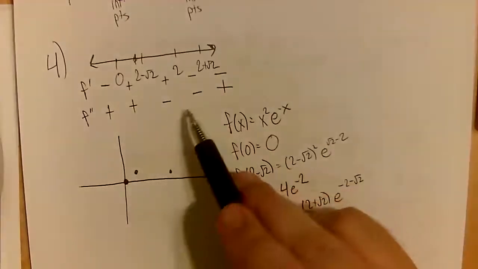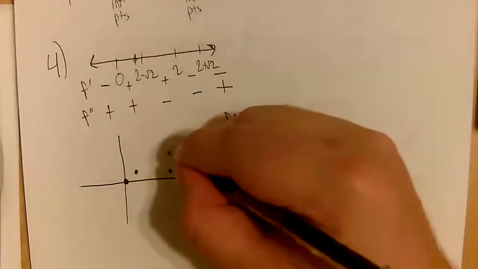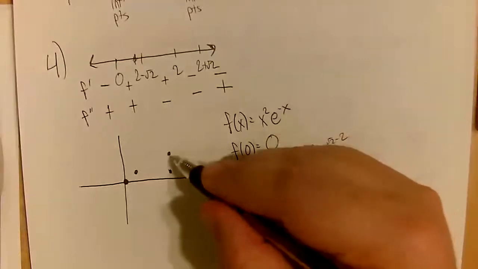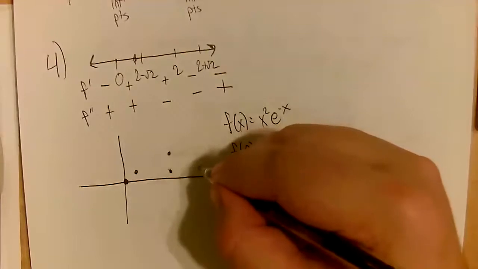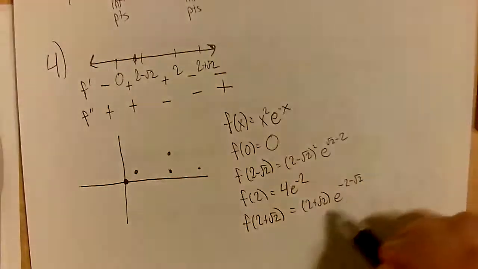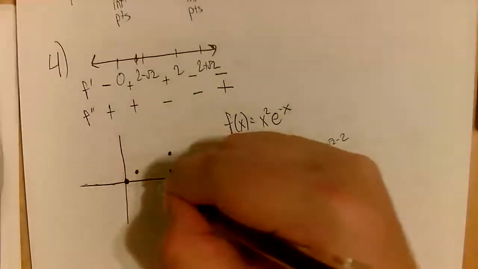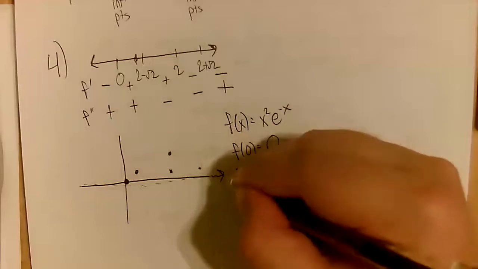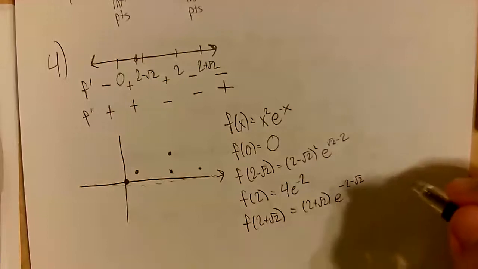Remember that 2 should be a little bit higher because it's going to be a local maximum. Then after 2, we're going to go down a bit to 2 plus root 2, the point we have here. And then we're going to level off towards the horizontal asymptote. Because remember, there's a horizontal asymptote at y equals 0.